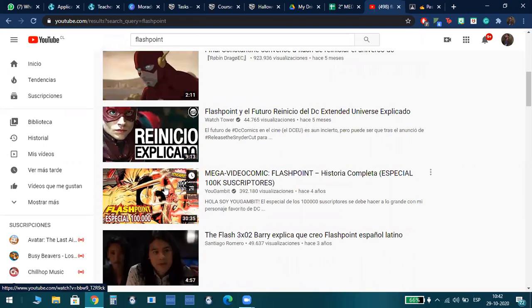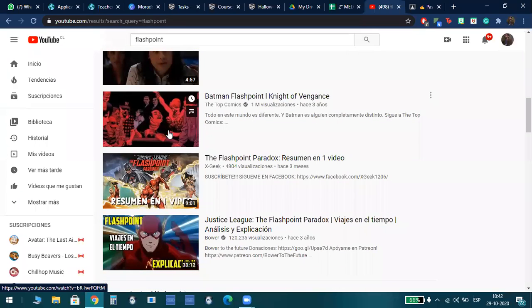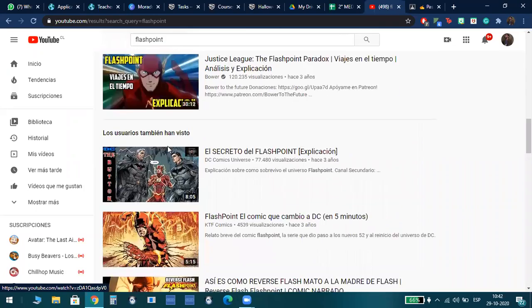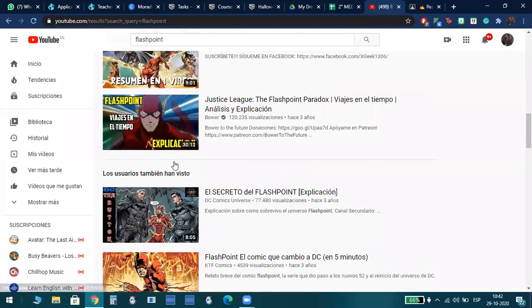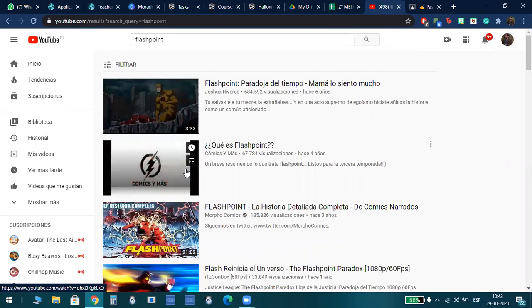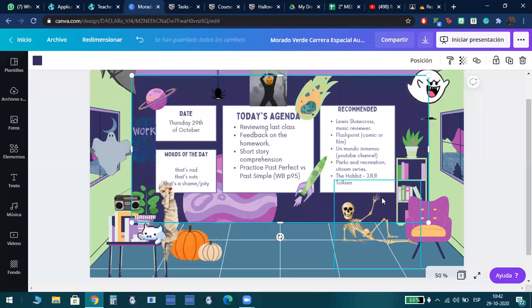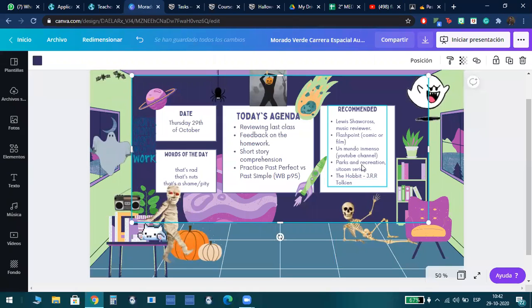It's really exciting, has a lot of reality things, crazy stuff. For example, like the father of Batman, and some other crazy stuff going on. So I recommend it. The movie is cool as well, so you can watch it too. Surely it's in Cuevana.